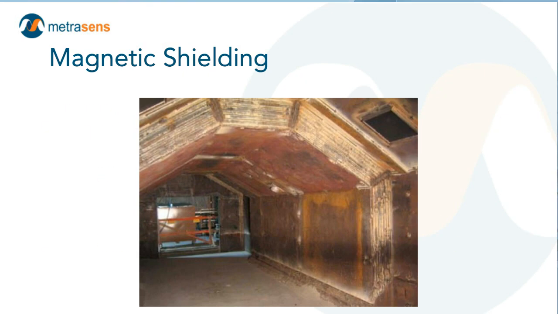So to illustrate magnetic shielding, I found the most over-the-top example that I could come up with. This is magnetic shielding, I think for CMRR's installation of like a 10 Tesla MRI.